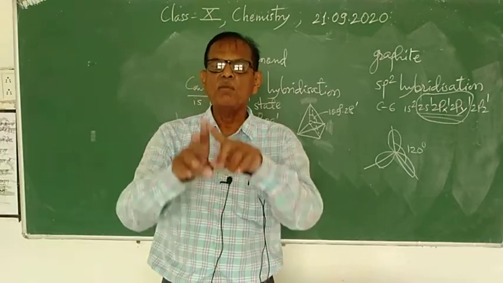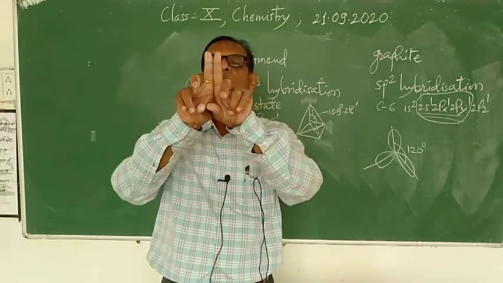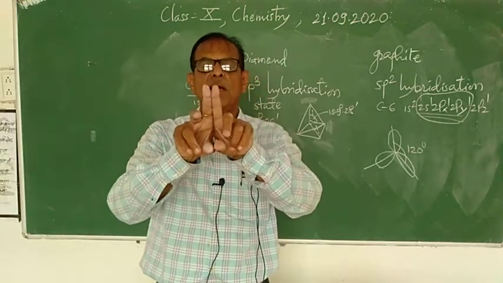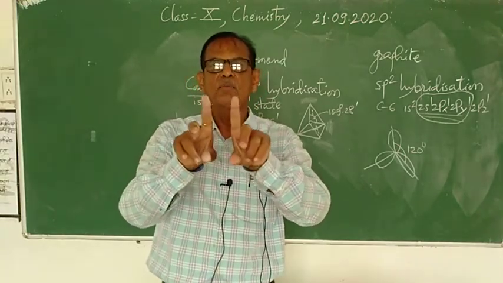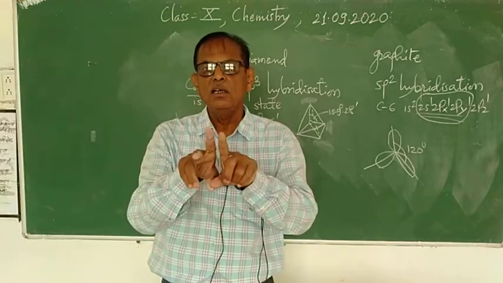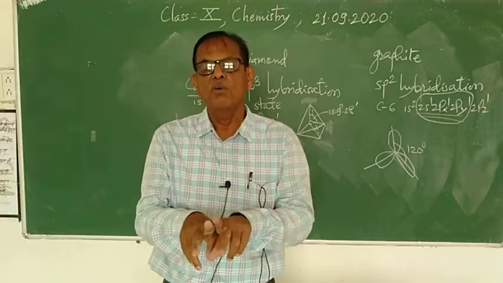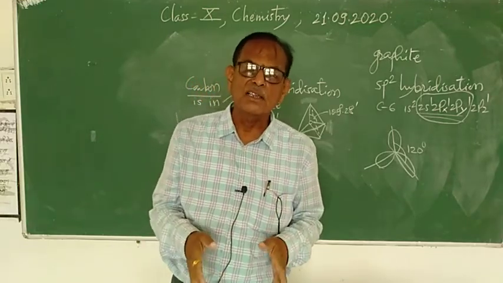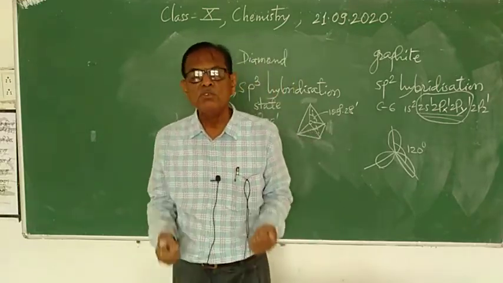And in case of pi bond, the pz orbitals, which are not taking part in the hybridization, overlap laterally and form the pi bond. Pi bond is a weaker bond and sigma bond is stronger than pi bond. Stronger means what?